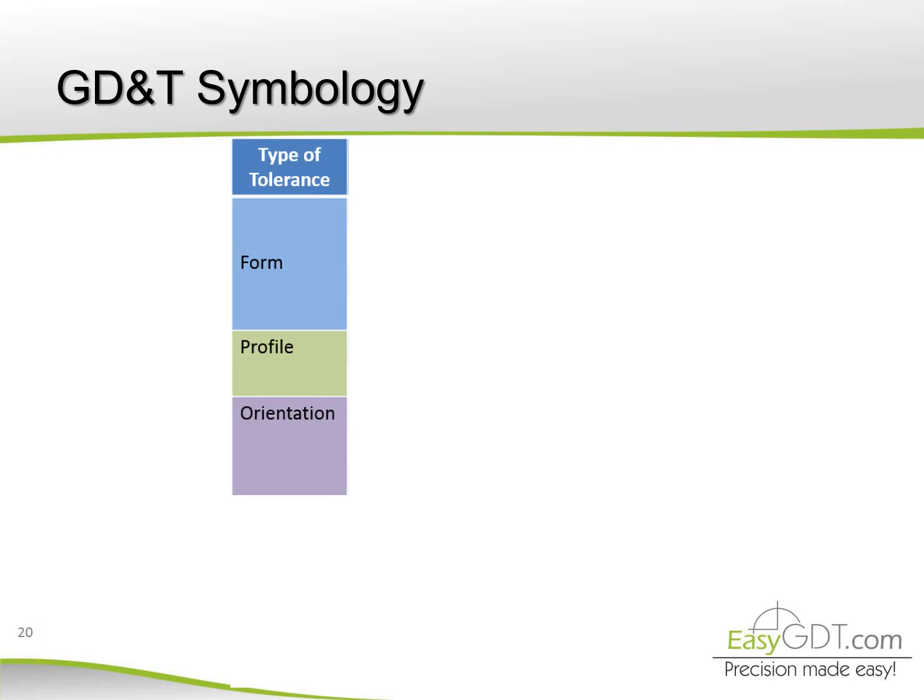Now, we'll see the symbols of the 14 geometric controls. They can be classified into 5 categories: form, profile, orientation, location, and runout.